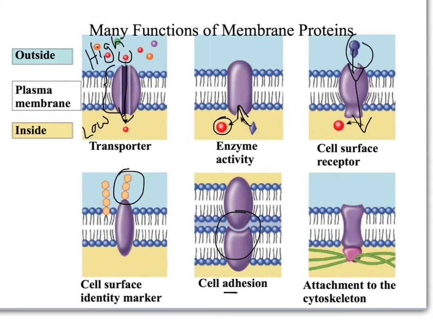We haven't talked about the cytoskeleton yet, but it's kind of like the skeletal structure of the cell. It gives the cell a three-dimensional structure and prevents the cell from collapsing on itself. The proteins themselves will attach to the cytoskeleton to gain some support and structure for the phospholipid bilayer as well.